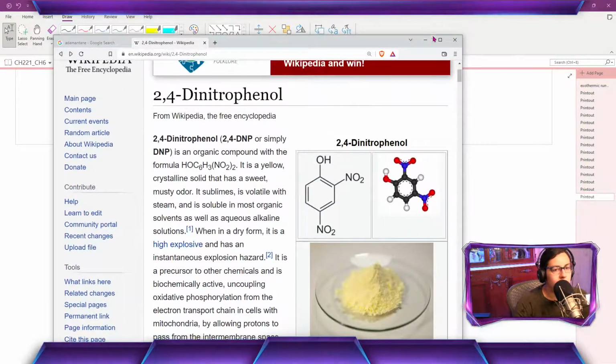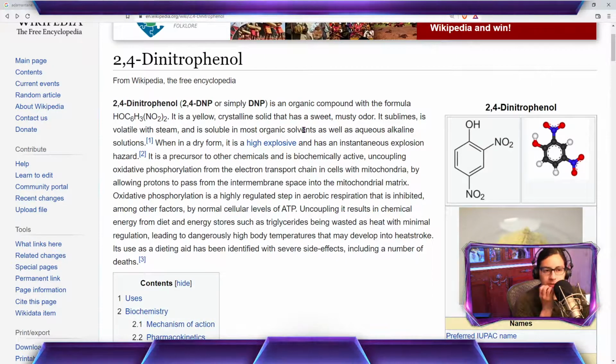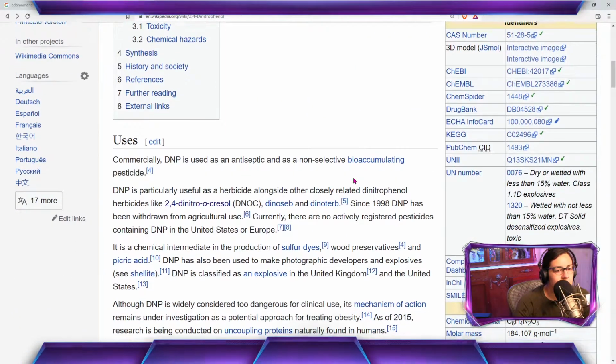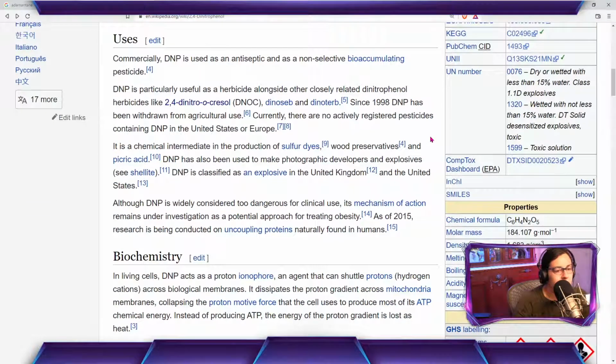And so the other thing is, and this is kind of interesting because I think I mentioned that they're toxic. Looking at the Wikipedia of this, it can be used as a pesticide. So that's kind of interesting. Oh, apparently they're trying to look at it for treating obesity.